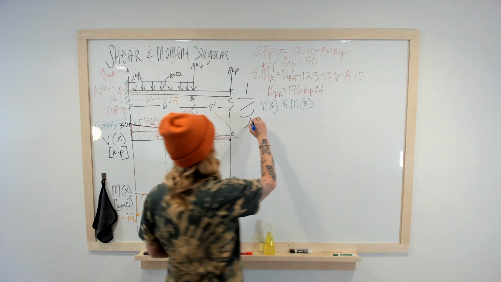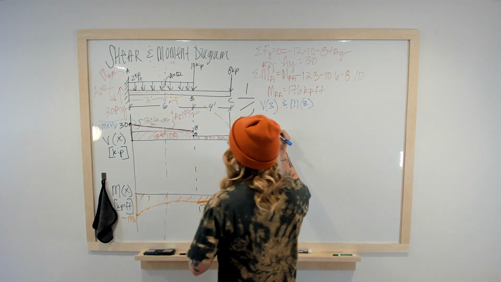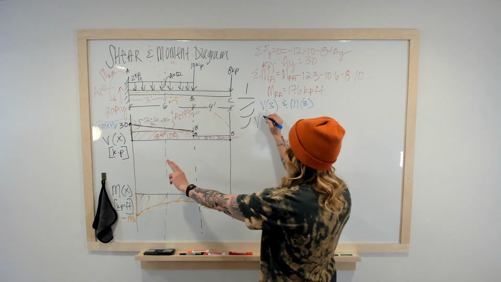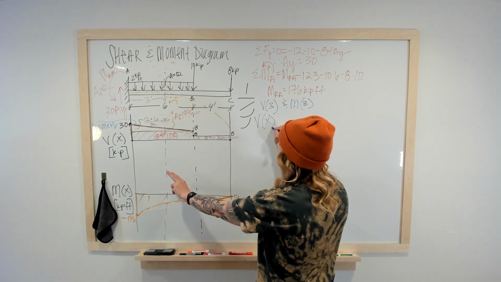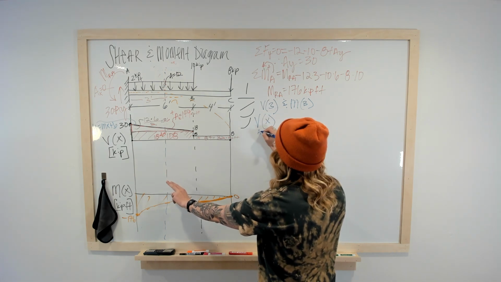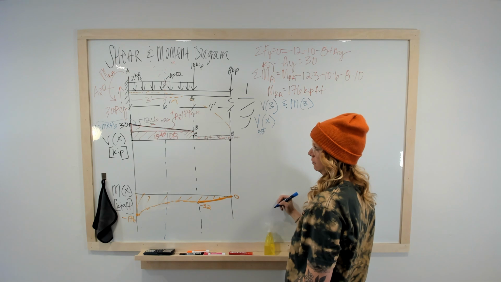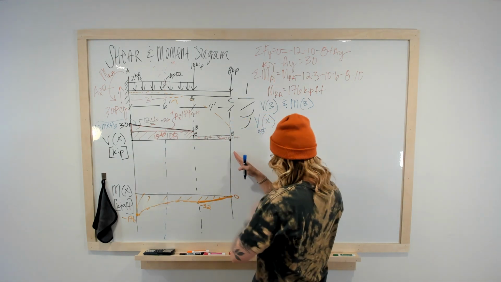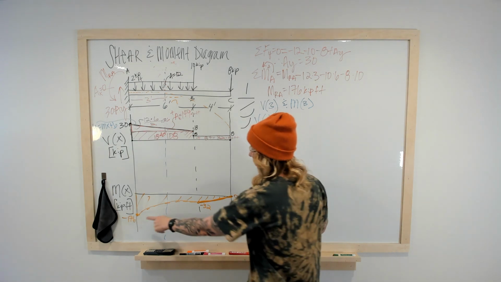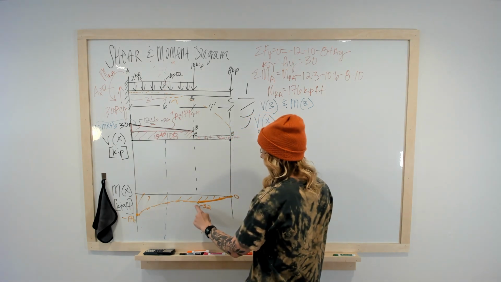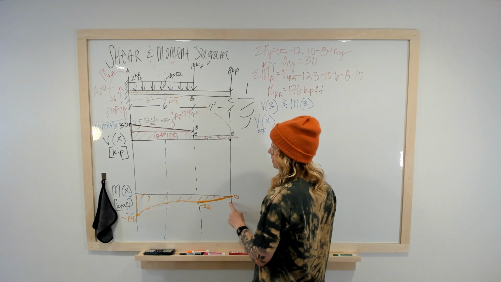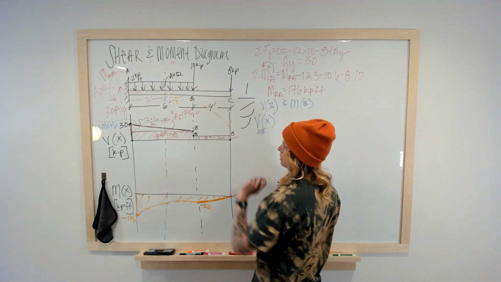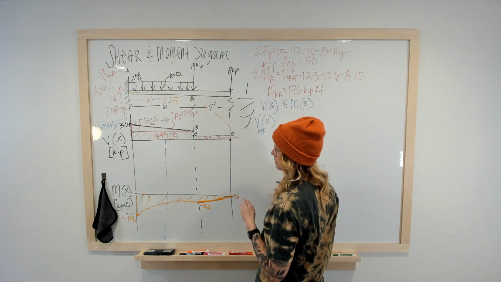So my V, and specifically, this is an equation for shear with respect to x between A and B, okay? That does not continue on throughout here. There's a different equation for this section. Just like down here, there's an equation between A and B, and then from B to C is a different equation. That's because there's a discontinuity right there. That loading is not continuous.